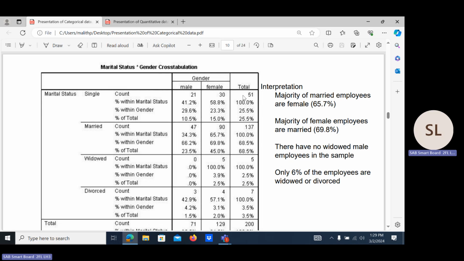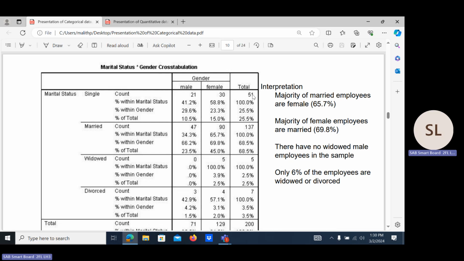Normally in the table we insert the total values: row total, column total, and the grand total. Here the grand total is 200. Then 51 means what? Total number of single respondents.